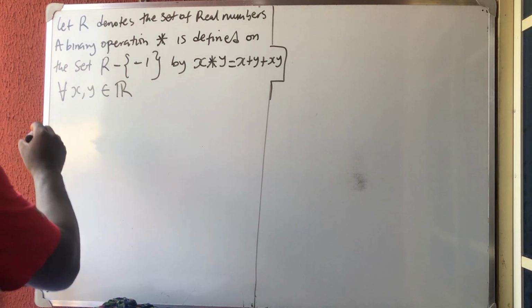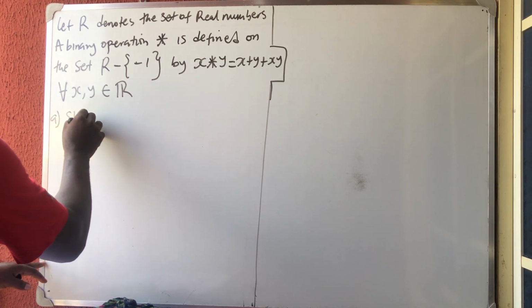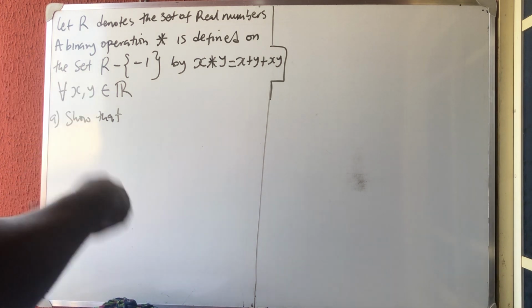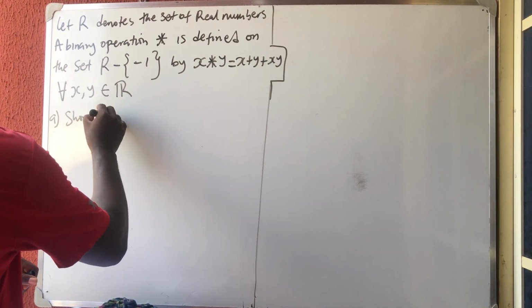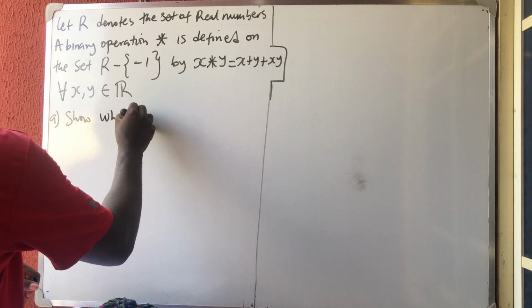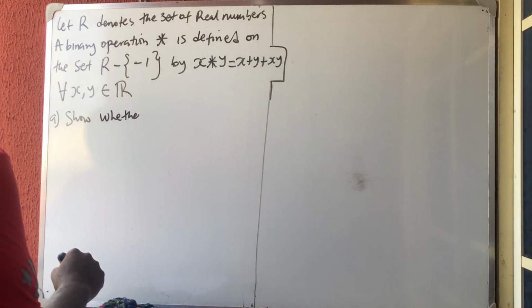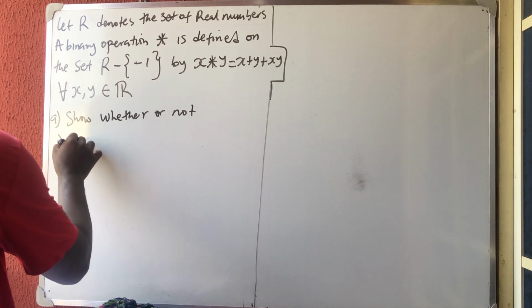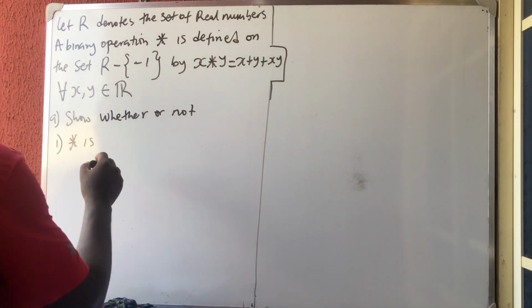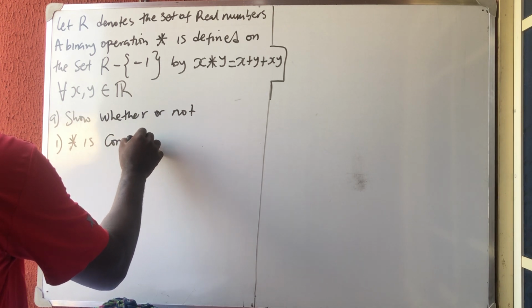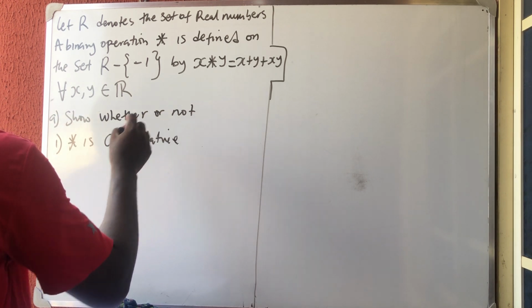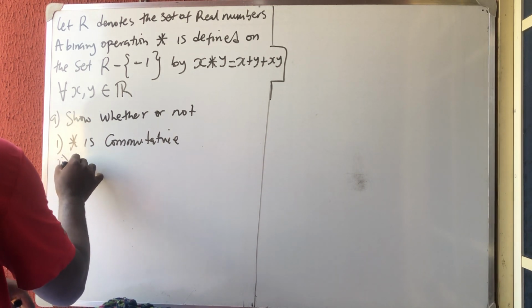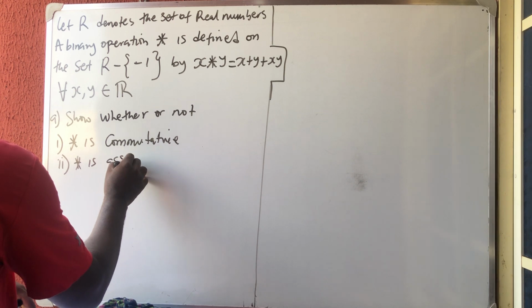Okay, then A said we should show whether or not (i) star is commutative, (ii) star is associative.